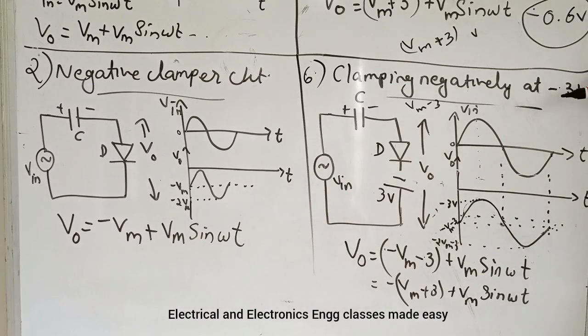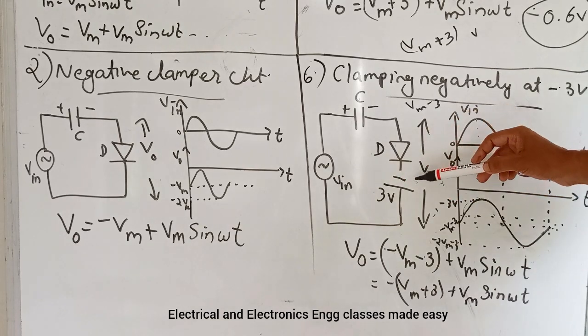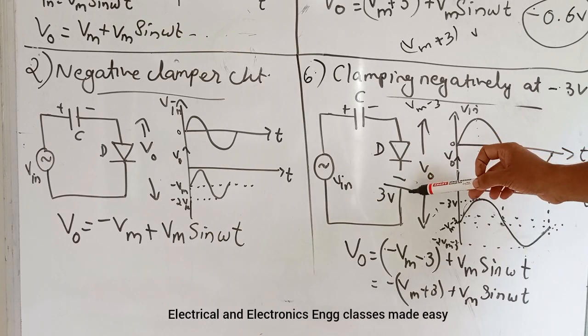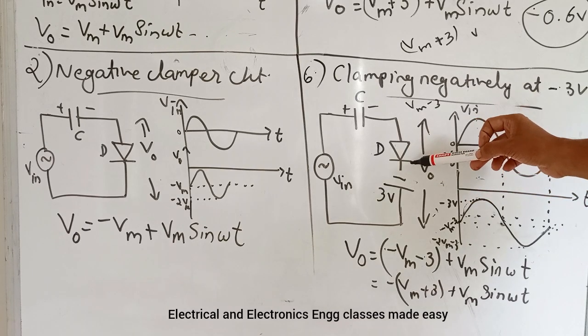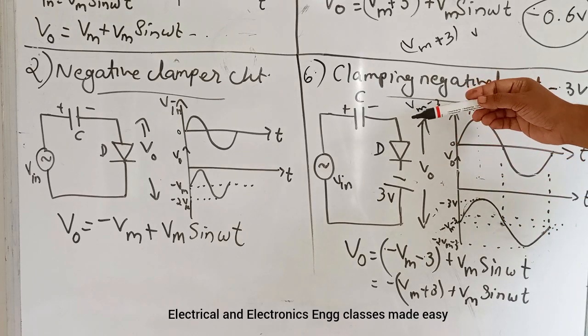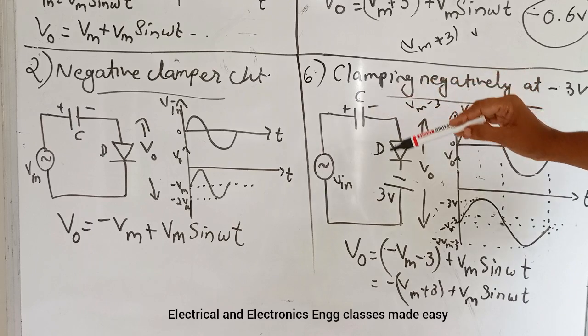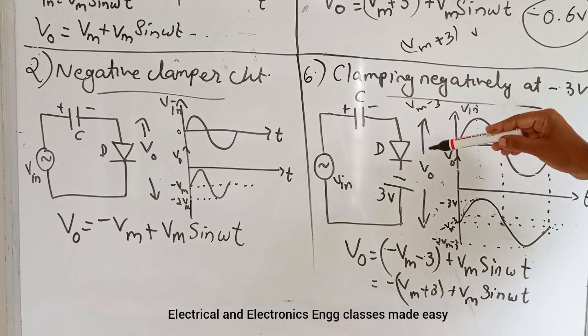Next is clamping negatively at minus 3 volt. So this is the circuit diagram, and here a 3 volt is applied to bias the diode. So here during the positive half cycle the capacitor charges.